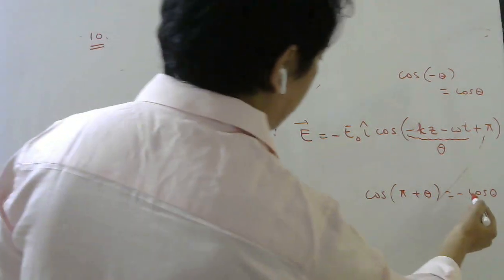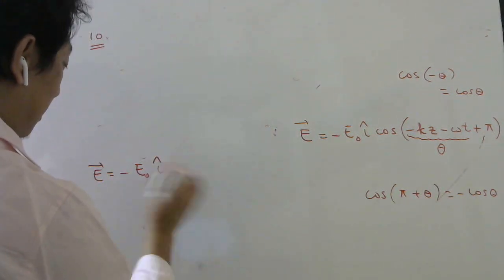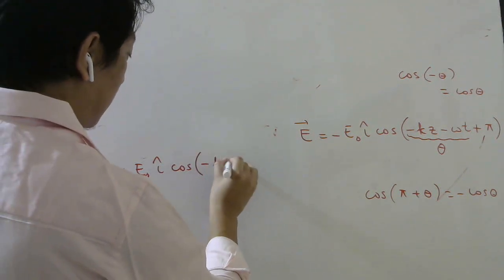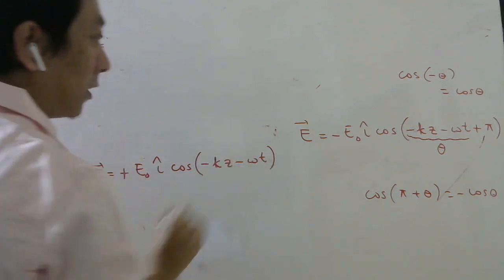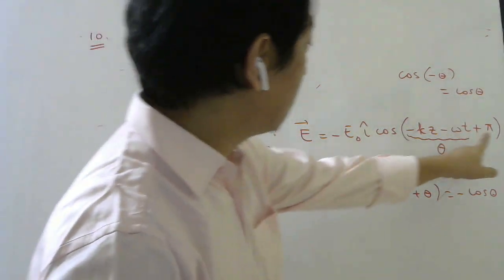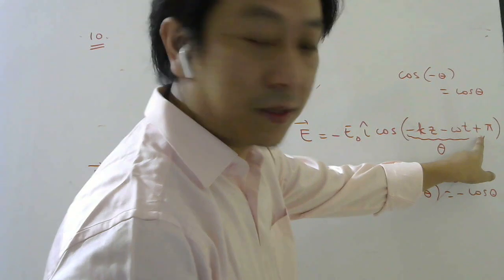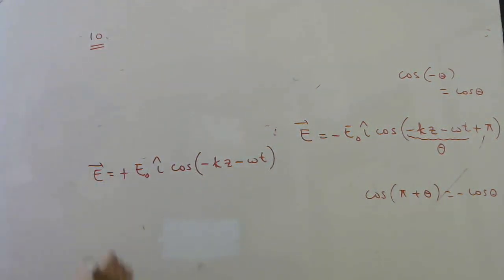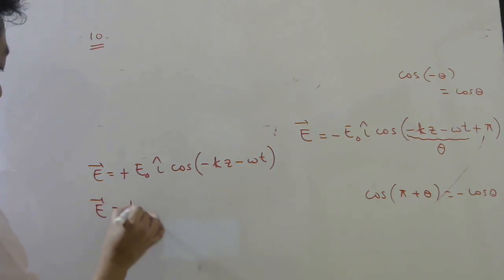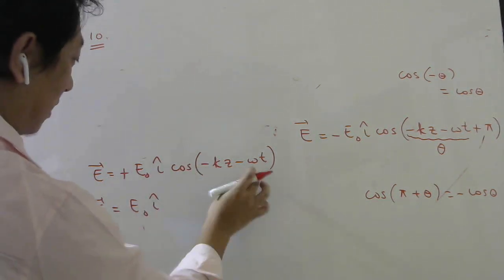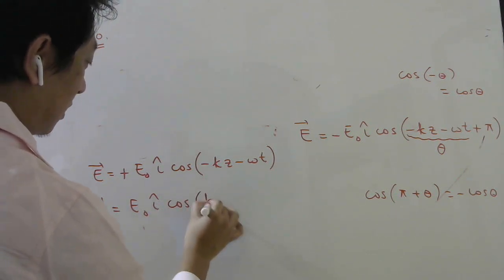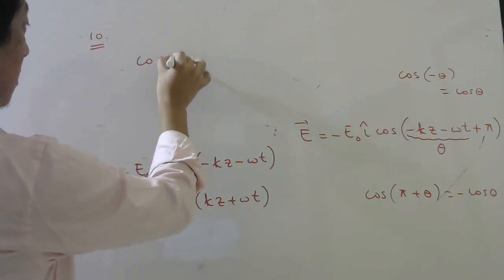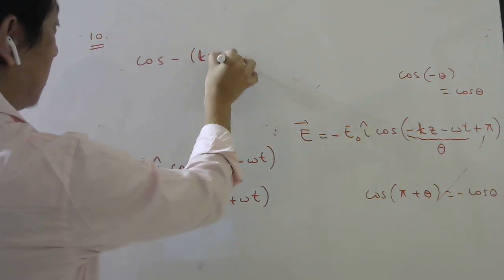So the minus and this minus will become plus, giving cos(minus kz minus omega t). Since cos is an even function, I can take minus common and write cos(kz plus omega t).